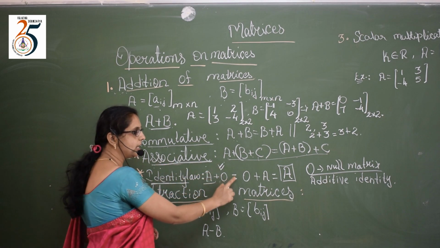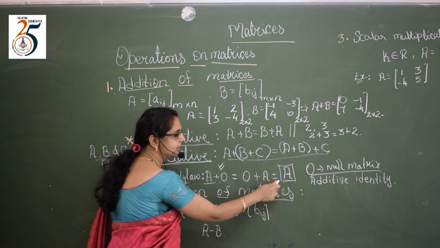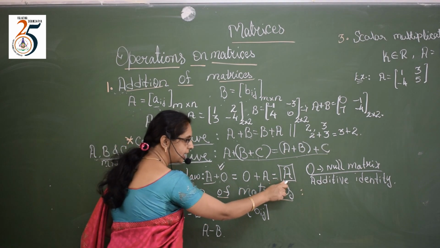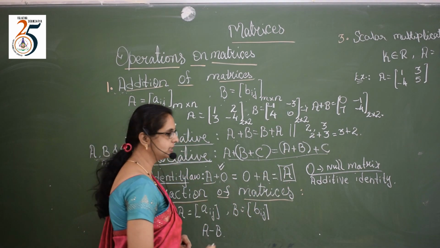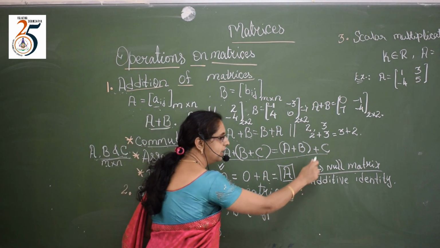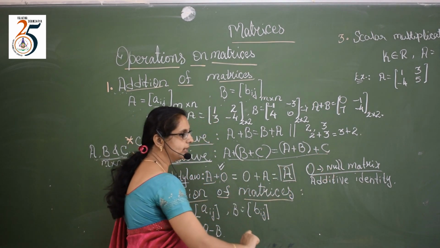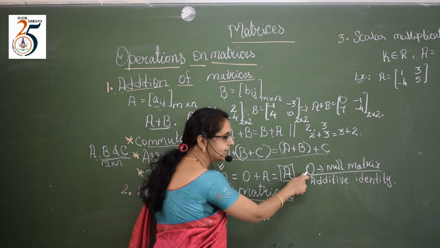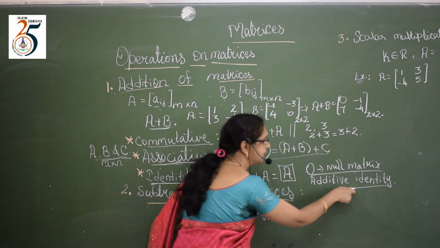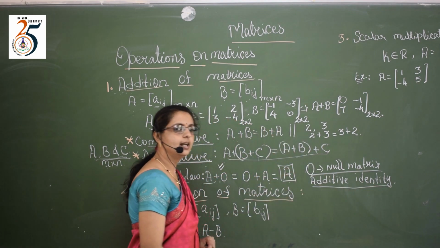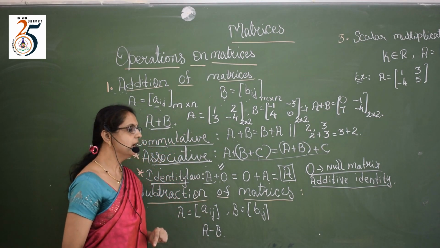A plus O equal to O plus A is equal to A, where A is our given matrix and O is the null matrix. Not only that, what is this O called as? Additive identity matrix.